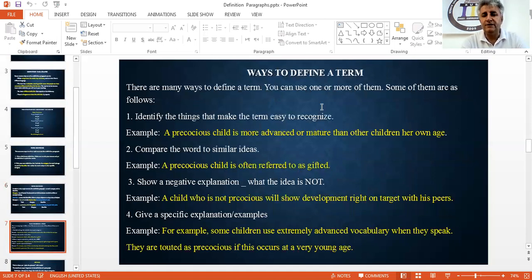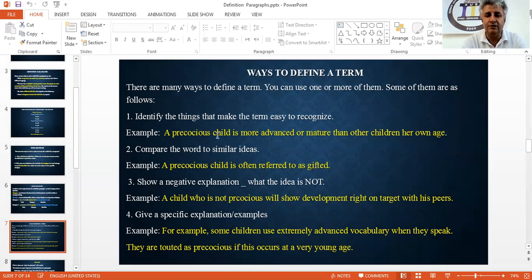After writing the topic sentence, we have to define the term, give more support, and write supporting sentences. We have some ways to define a term, and you can use whichever one you think fits your paragraph.